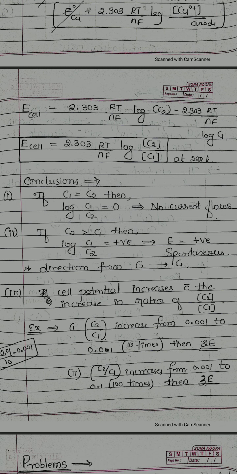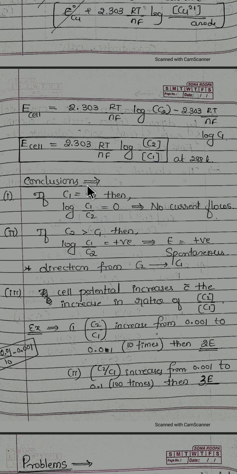Even in the osmosis process, you can consider it is from higher concentration to lower concentration. Like that, when you have equal concentration on both sides, then you don't have any movement of ions or movement of electrons, anything. So when C1 equals C2, no current flows because of no electron movement.